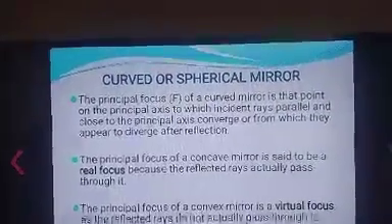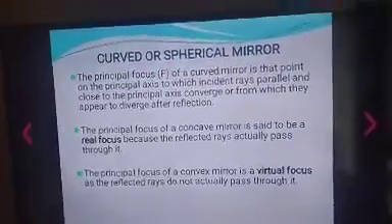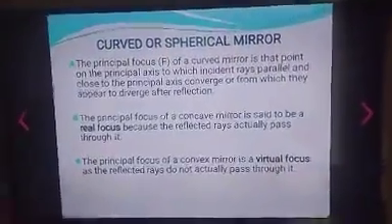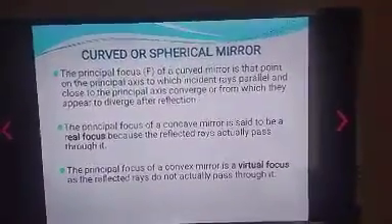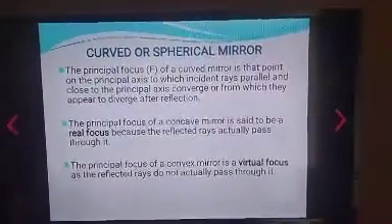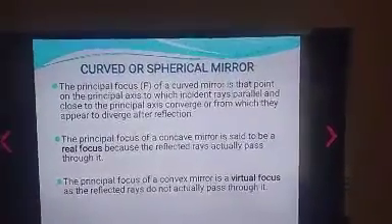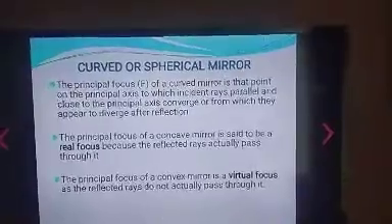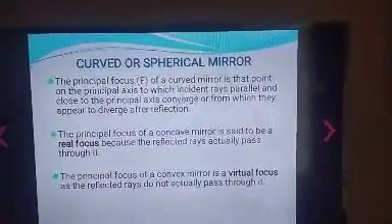So for both mirrors, at their principal focus, the light rays either converge or diverge. Now, the principal focus on the concave mirror is said to be a real focus. That is to say, it can be caught on the screen, while that for the convex mirror is a virtual focus because it is found behind the mirror.